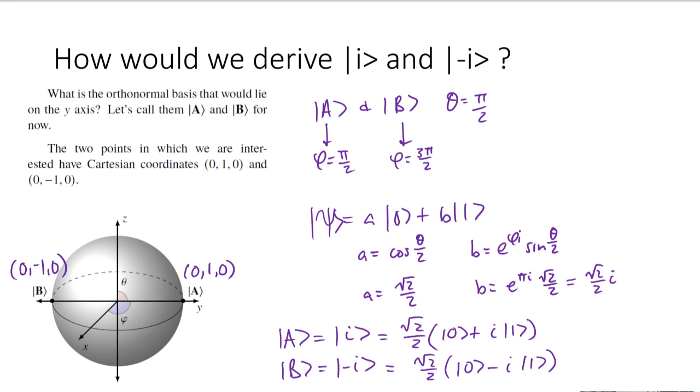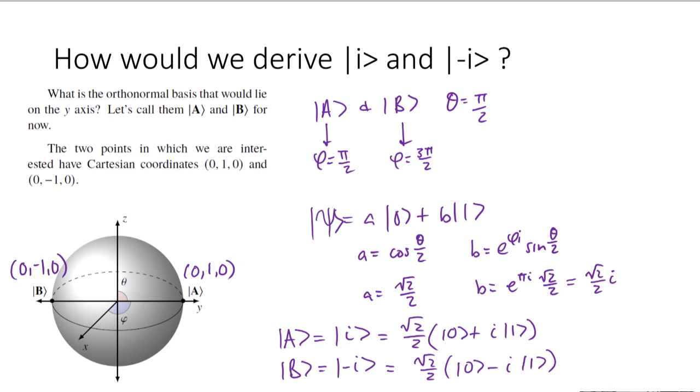Again, theta is our angle from the z-axis and phi is our angle from the x-axis. So these are the angles that will get us to those points in the Cartesian plane.